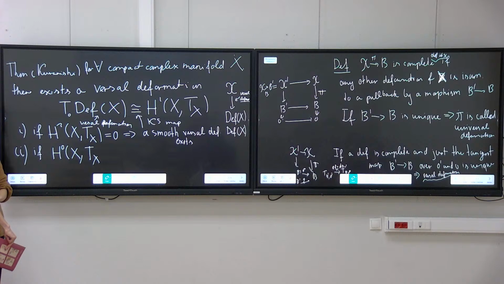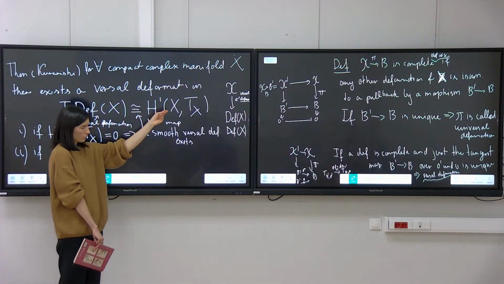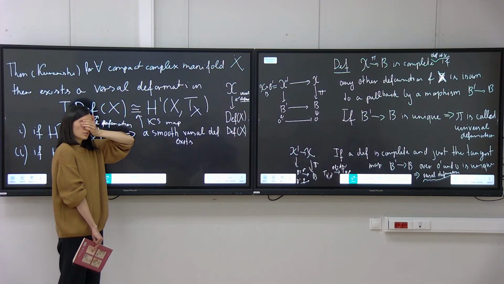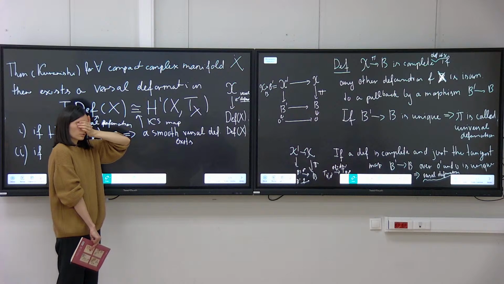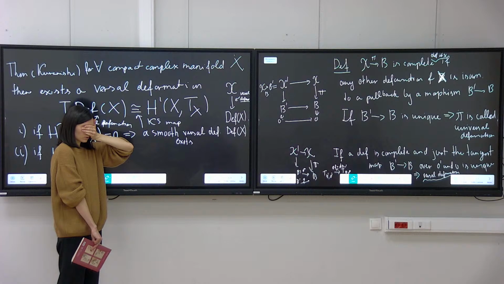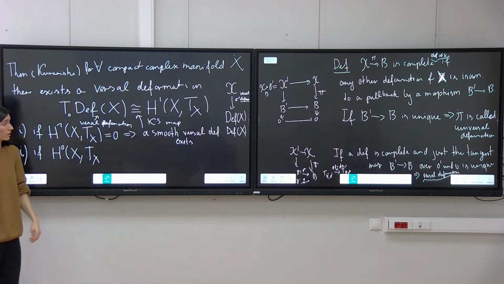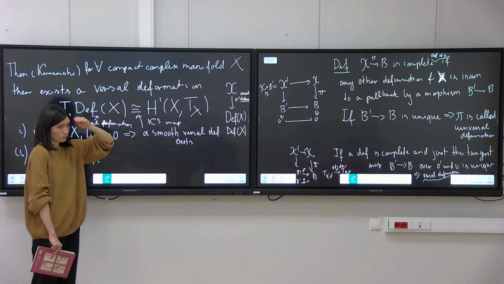But when I explained this construction, I didn't explain why infinitesimal deformations are the same as first cohomologies of the tangent bundle, right? And here we should use Čech cohomology to do this. So I'm not sure, maybe I didn't think about the non-smooth case. Okay.